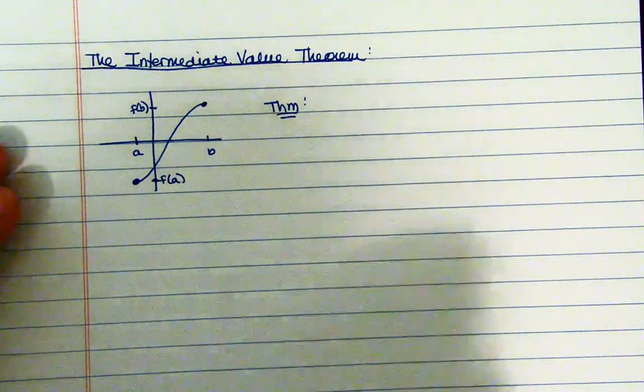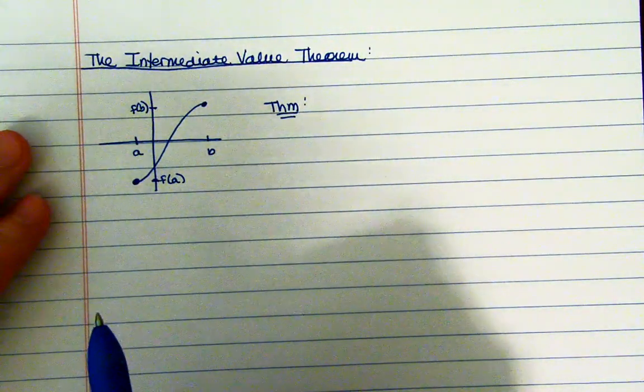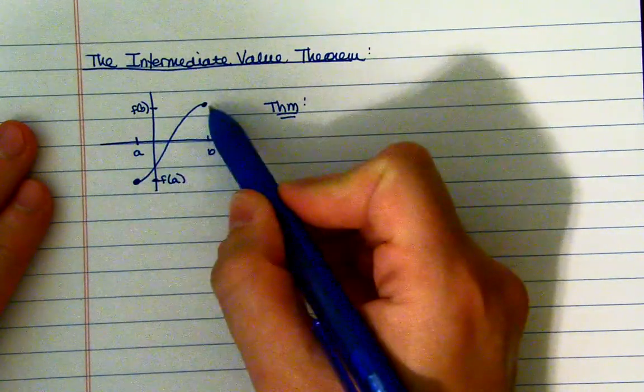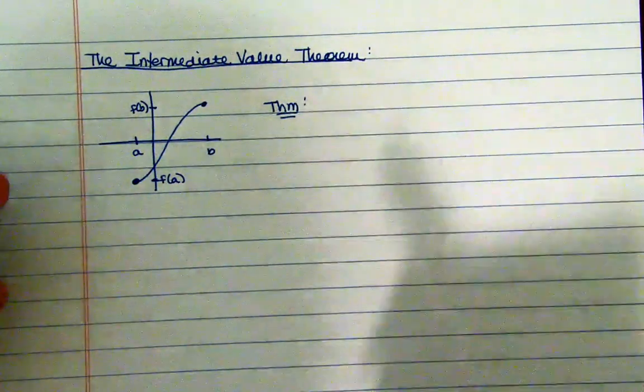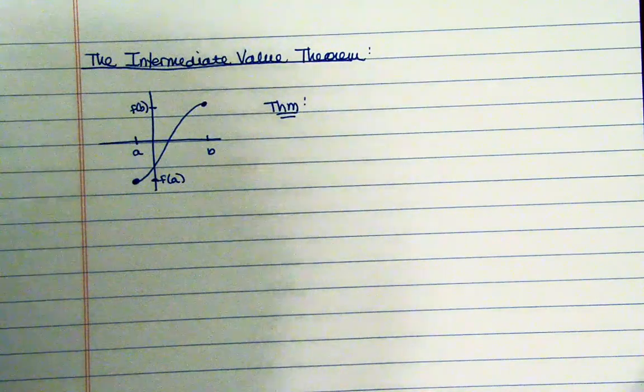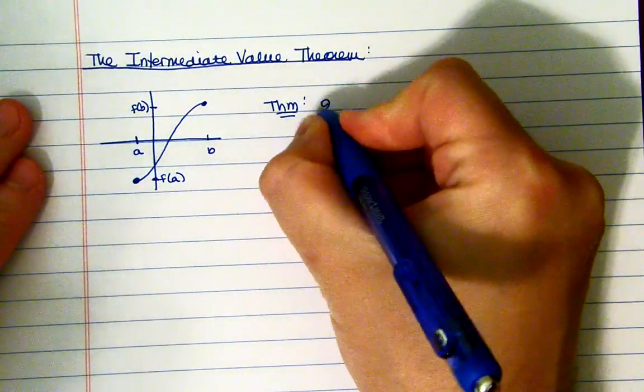First of all, a very important requirement of this intermediate value theorem is that the function is continuous, and hopefully you also saw that in the Desmos activity. If the function is not continuous, we can't make any guarantees.